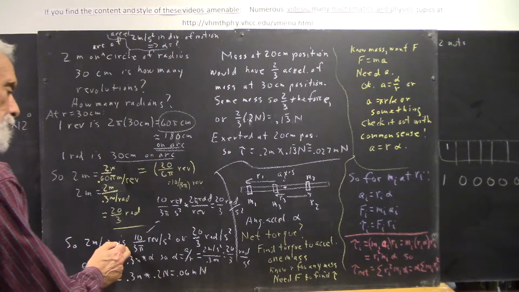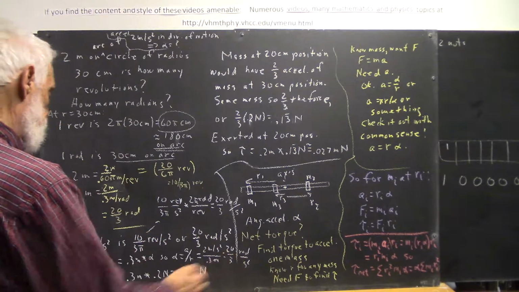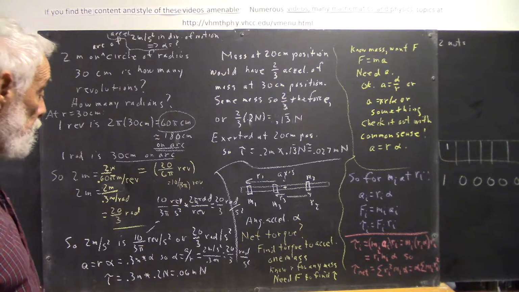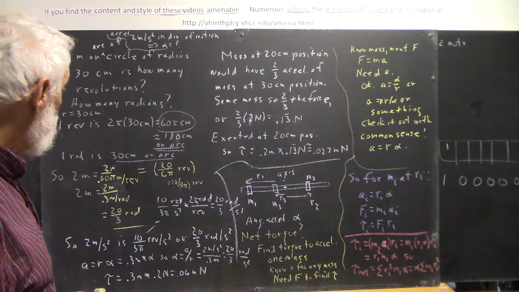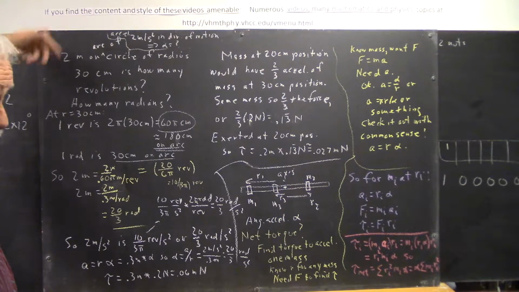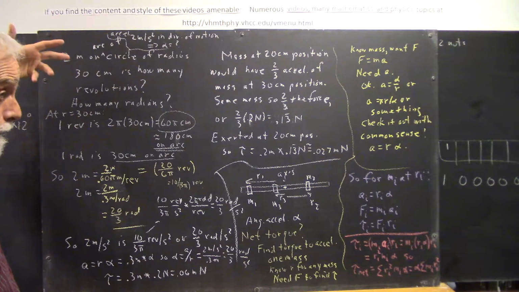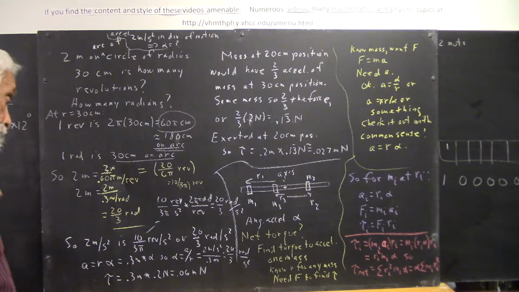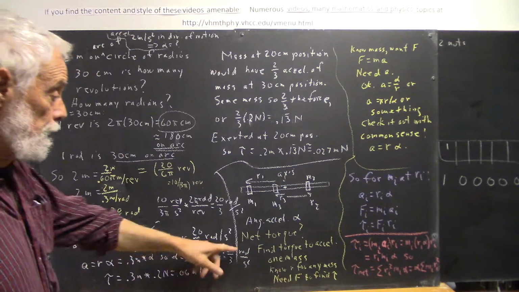So this means the same thing as this, and we can apply this formula, but better, we can understand this formula. The bottom line is that if we know how many meters per second squared, we can just change that many meters to radians on the circle, whatever the radius of the circle is, and we get the acceleration in radians per second squared.